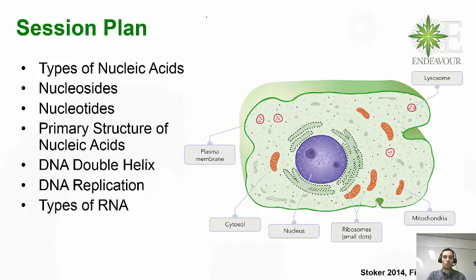Each nucleotide is made up of three parts. The most important part is the nitrogen-containing base, which alternates between different bases like adenine, thymine, guanine, and cytosine. Also attached to this, we've got a sugar and then a phosphate.